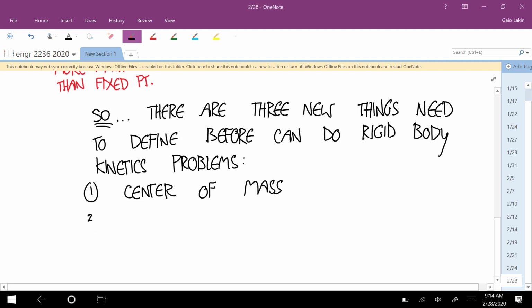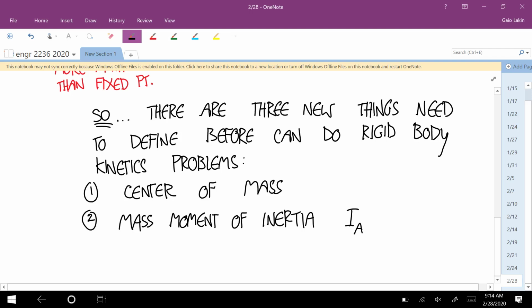The second thing that we're going to have to define is the mass moment of inertia. That's the thing in the rotational Newton's second law, capital I sub A. You can think of that as sort of the rotational version of mass.